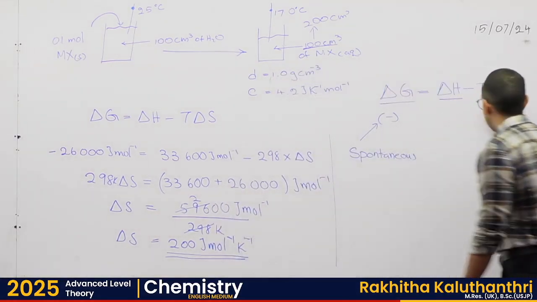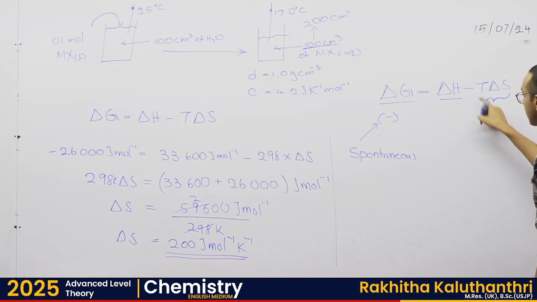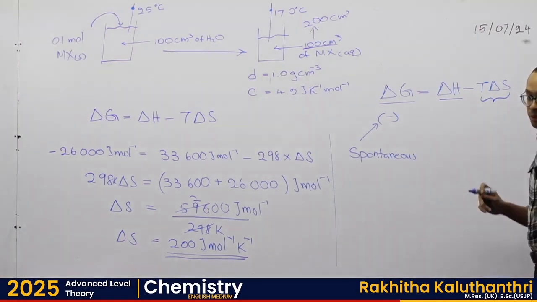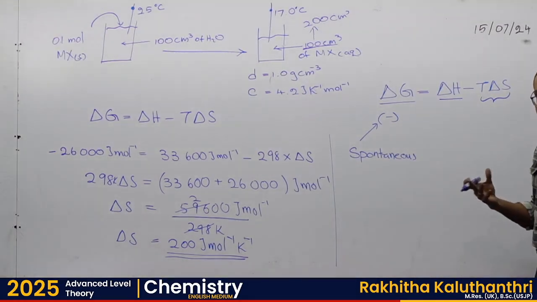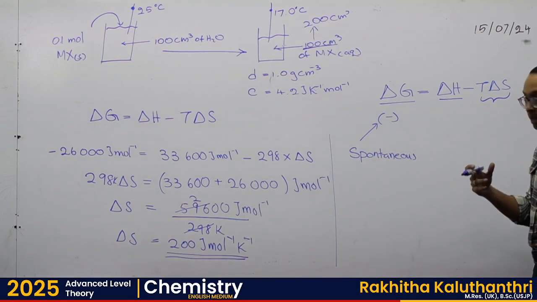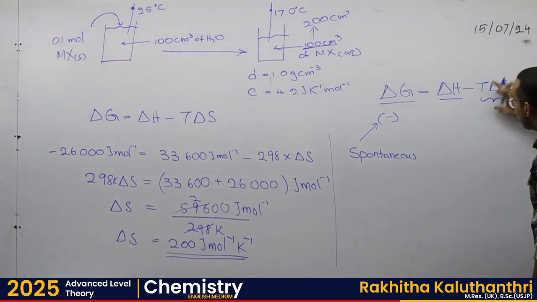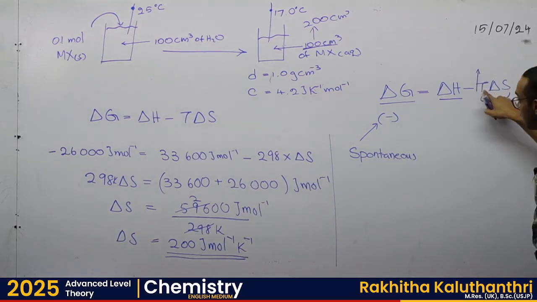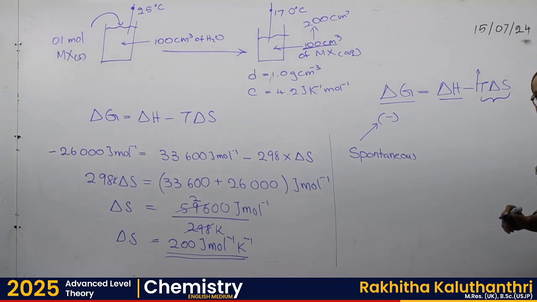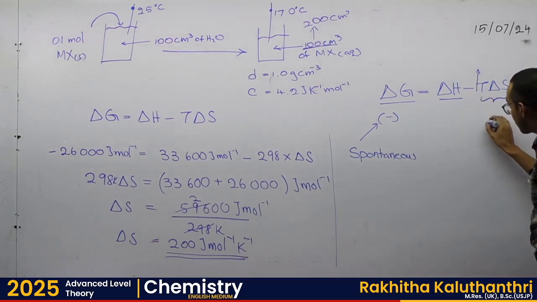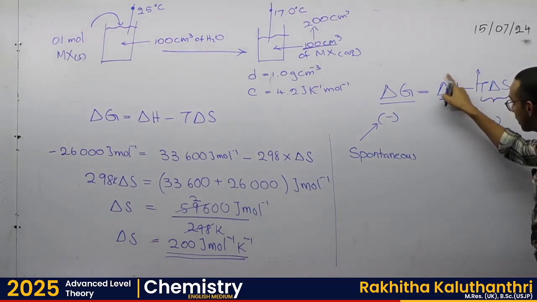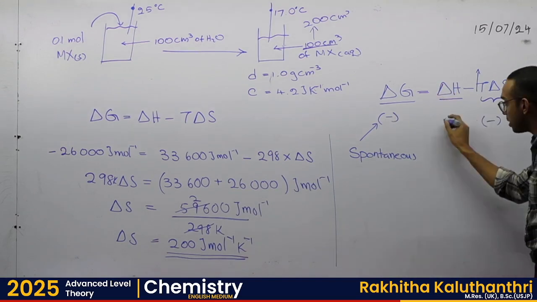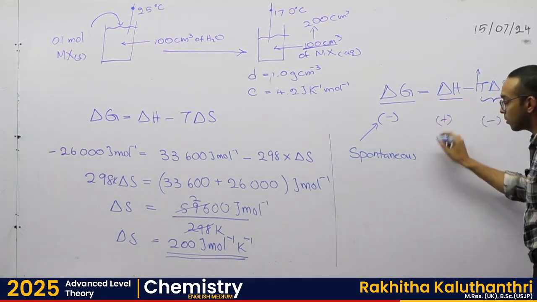But if you take this term as a whole, and we know delta S usually increases with temperature, then as temperature increases, this entire value increases, right? And that entire value is a negative value. Now the delta H for this particular question was a positive value.